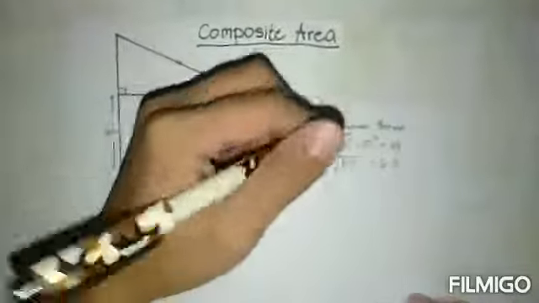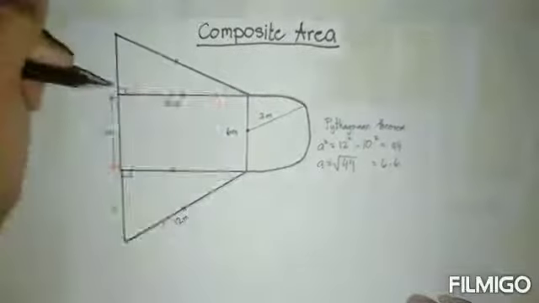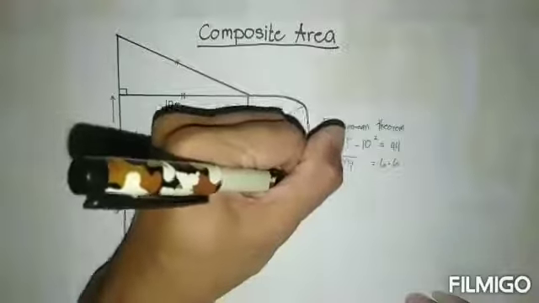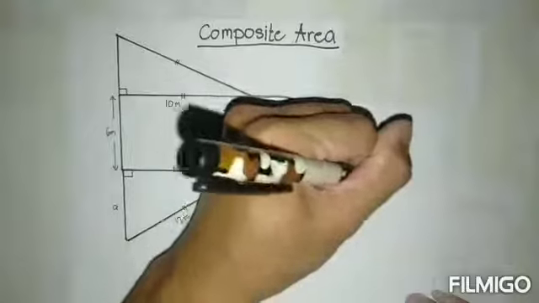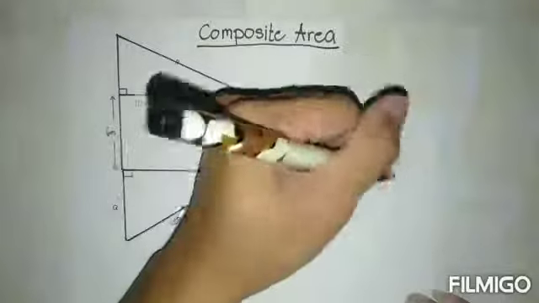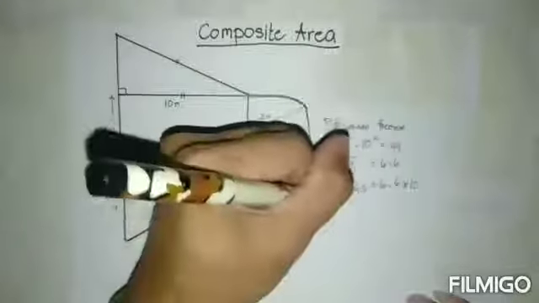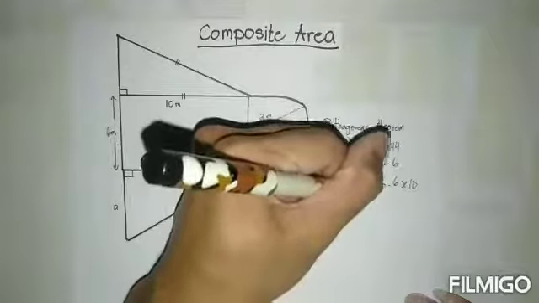Now we solve for the area of the two triangles. 6.6 times 10, we get 66 meters squared.